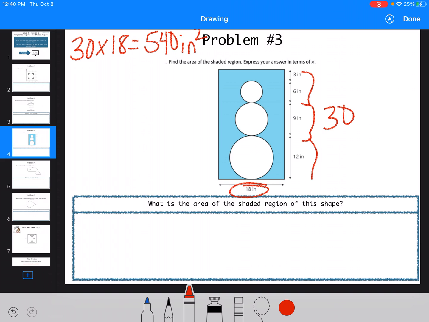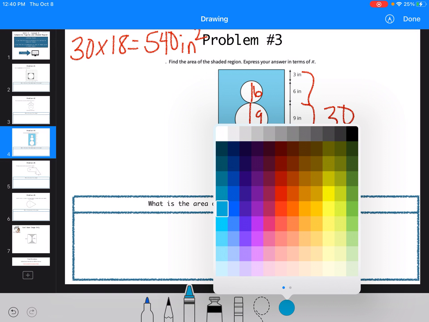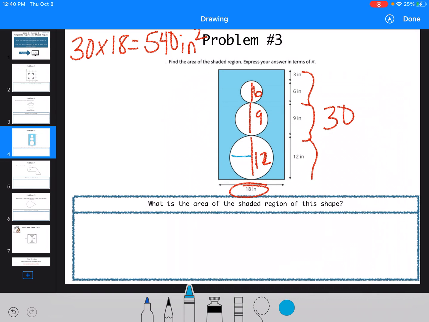So then I have to find the areas of each of my circles. Well, the diameter of this one is going to be 12. The diameter of this one's going to be 9. The diameter of this one's going to be 6. So that means the radius is going to be 6, 4.5, and 3. So I have to find the area of 3 separate circles.